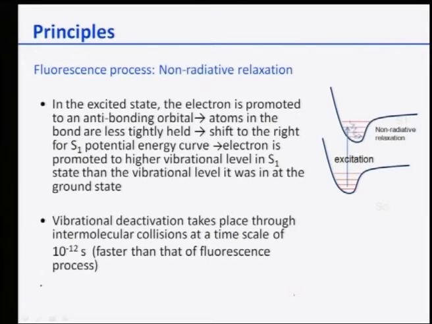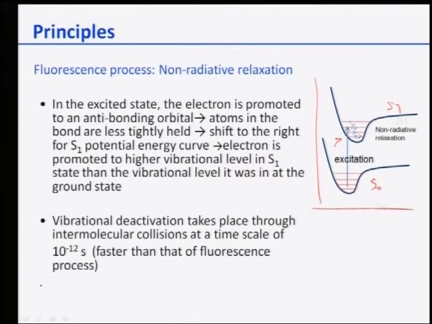That leads to a shift to the right of the S1 potential curve, this is S1 and this is S0. And the electron is promoted to a higher vibrational level of the S1 state than the vibrational level it was in, in the ground state. This is what happens after excitation.